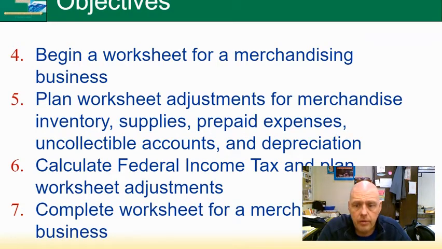We're going to plan adjustments for a merchandising business for inventories and supplies, prepaid expenses, uncollectibles, depreciation. We're going to calculate federal income tax and plan worksheet adjustments, and then we're going to complete a worksheet for a merchandising business.